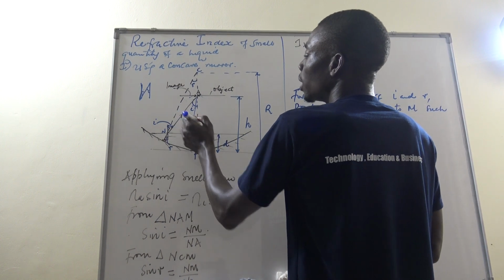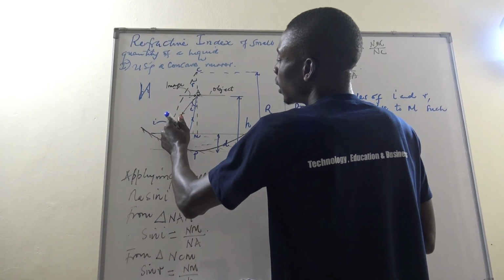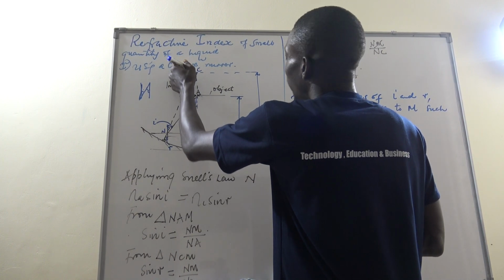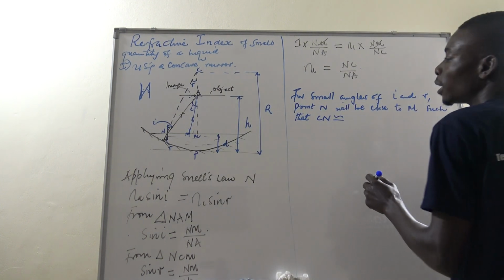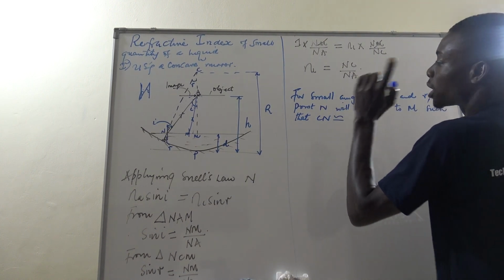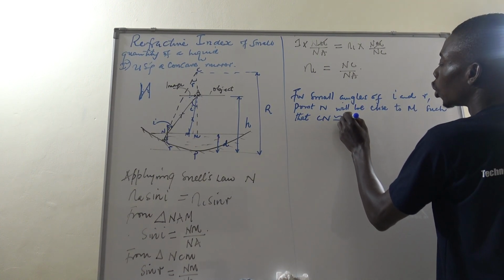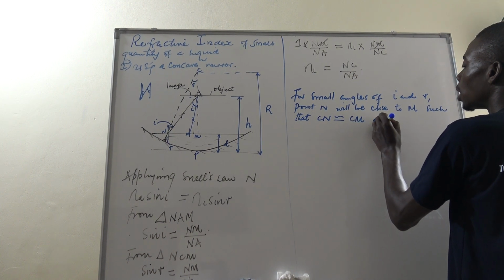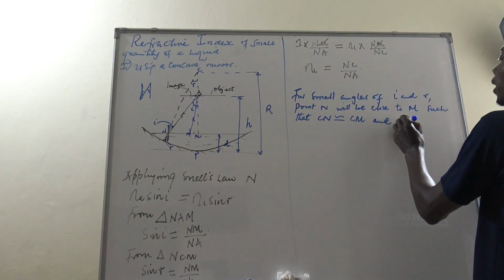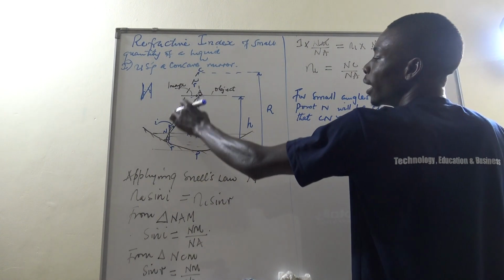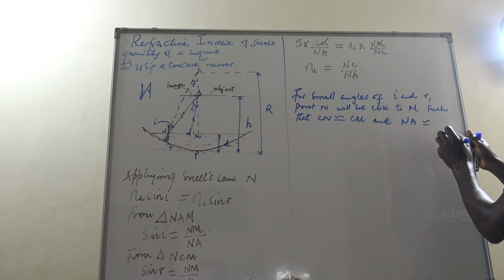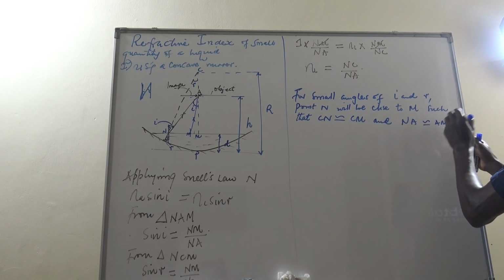Yeah? So that means that this will appear to be coming from some point C, and then CN can be taken as approximately, not the same but almost the same, equal to CM. And again, what is very true is that AN, or any A, will approximate to what? AM. Okay?